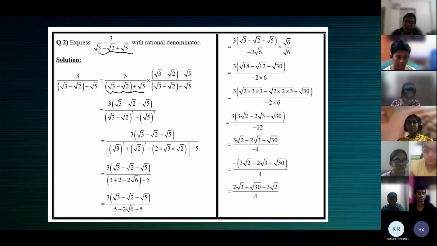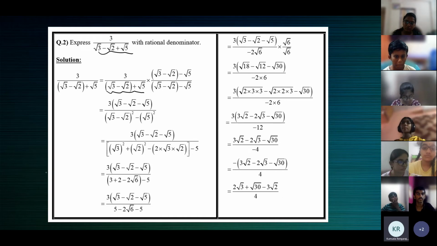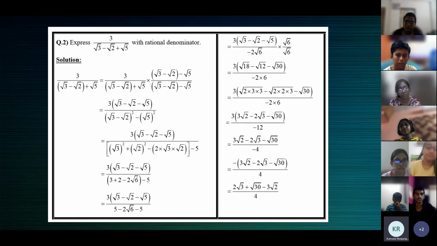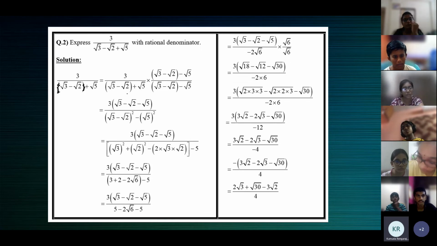Now the denominator has three terms. What you do, you group the first two terms. Here you don't put the bracket, I'll tell you. This is what is given to you. What you do, you group the first two terms, that is, enclose the first two terms of the three in a bracket.